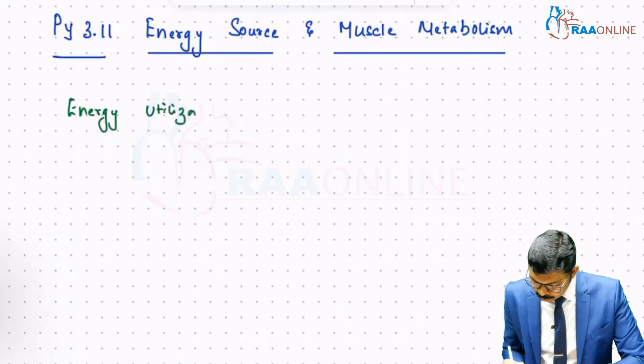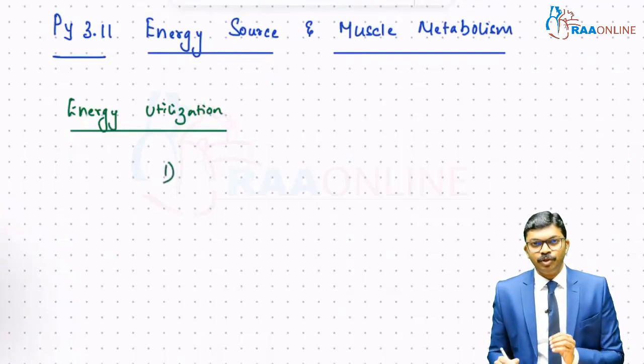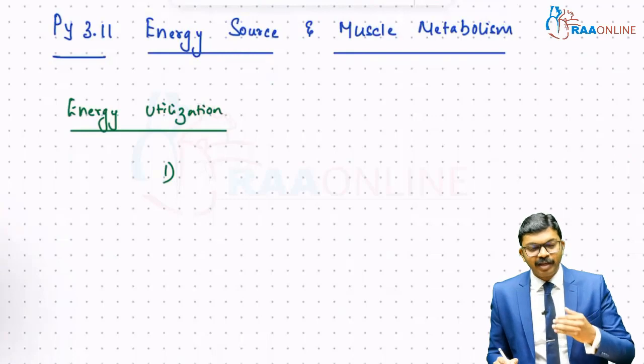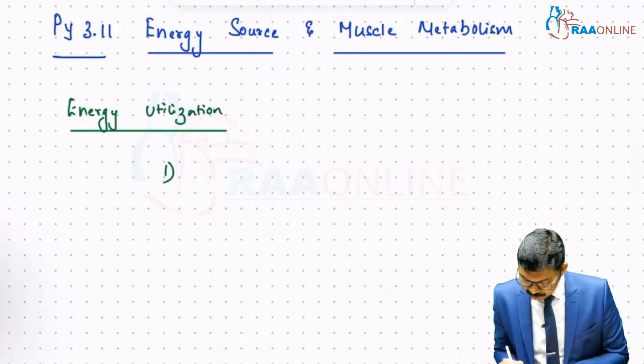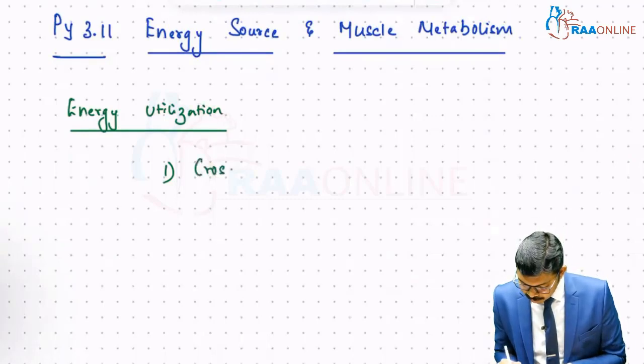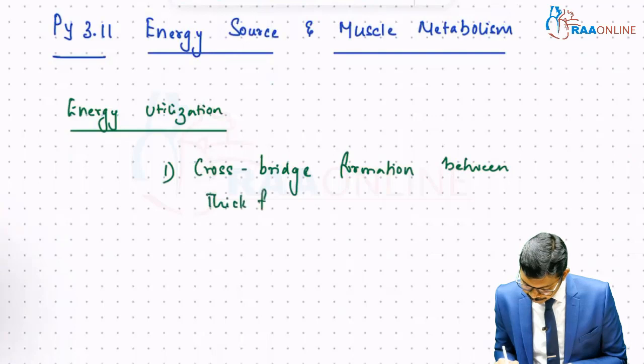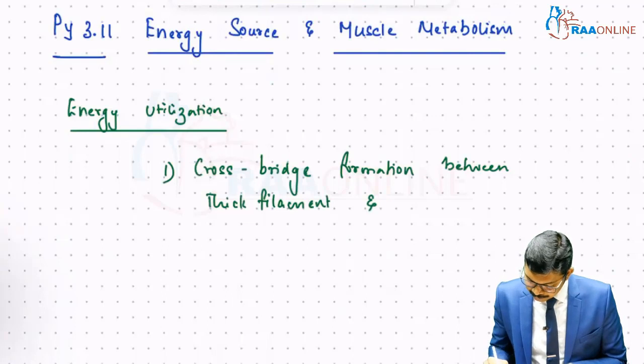In a muscle, what are all the purposes we use the energy for? Number one, you guys know you require ATP hydrolysis for sliding of thick filament and thin filament. In other words, cross bridge formation between thick filament, which is nothing but myosin, and thin filament, which is nothing but actin, guys.